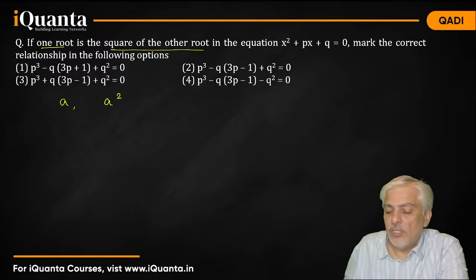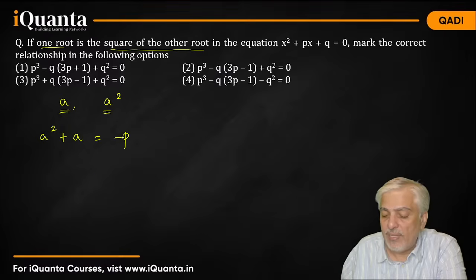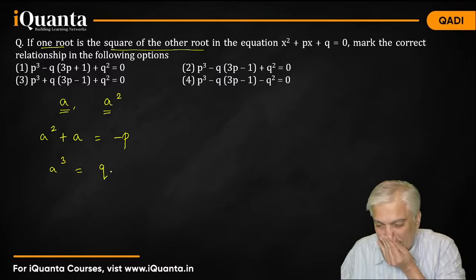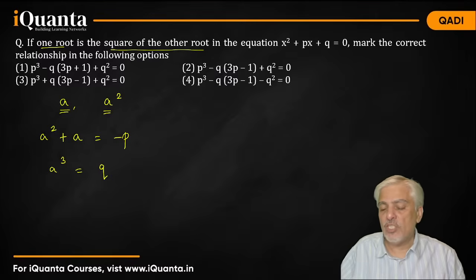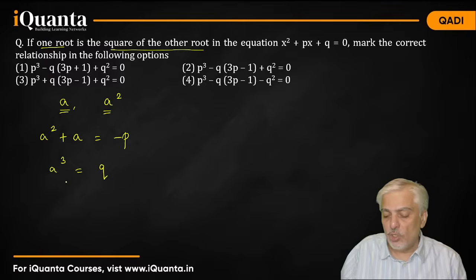Okay. So if I take the roots as a and a square, what do I know the sum of the roots is? It will be a square plus a, sum of the roots is minus b by a, so negative p. And product of the roots is a square into a, a cube, is c upon a, which is q. Now pay attention. I'm going to teach you two approaches as I said. A cube is q.